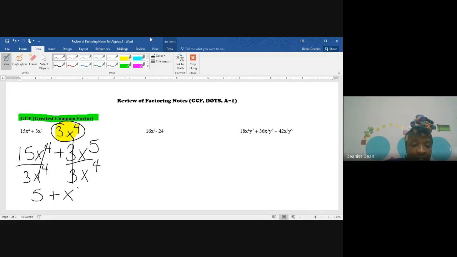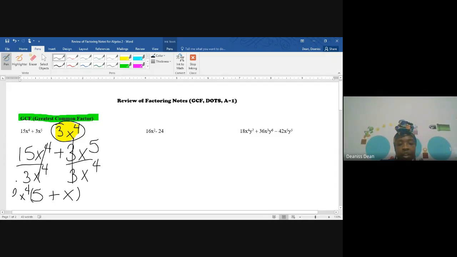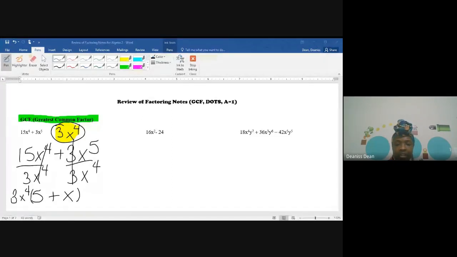So whatever I divided by, I put the GCF out in front: 3x to the 4th. Because you should always be able to go back and check yourself by using the distributive property. So I have 3x to the 4th times the quantity 5 plus x. Anybody remember doing something like this last year?